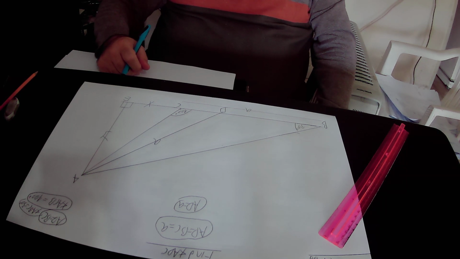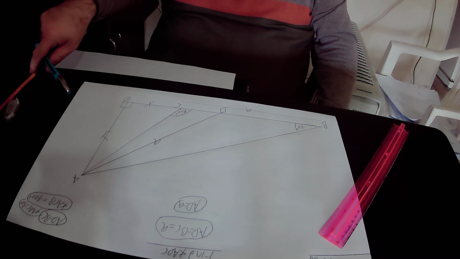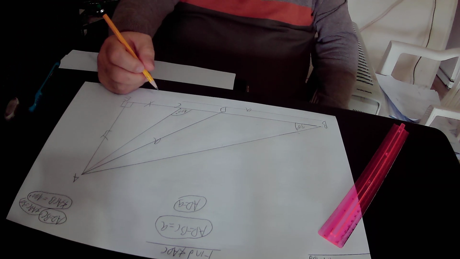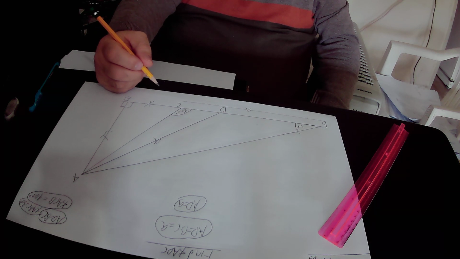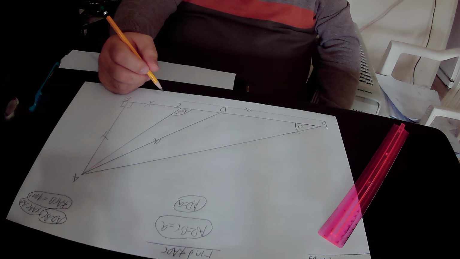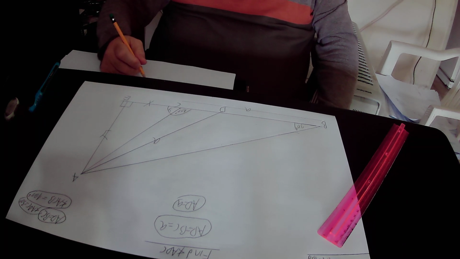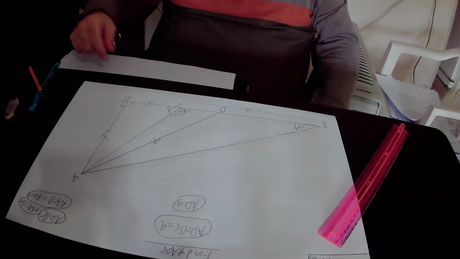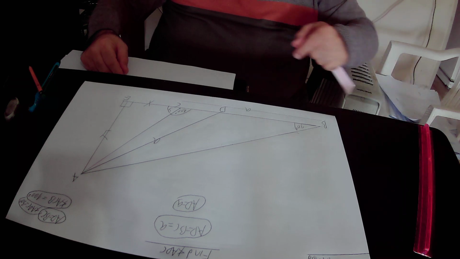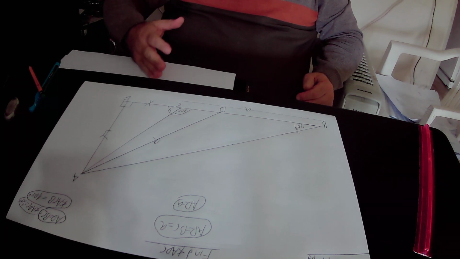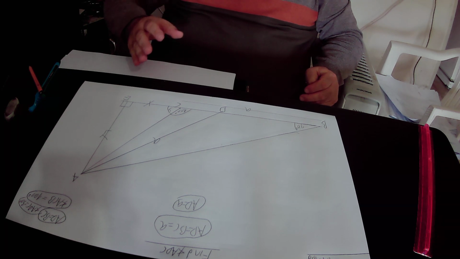And we will find the value of this angle, angle ACE, which we will define as Y. We know that BC is one side of triangle ABC, therefore it is a straight line.